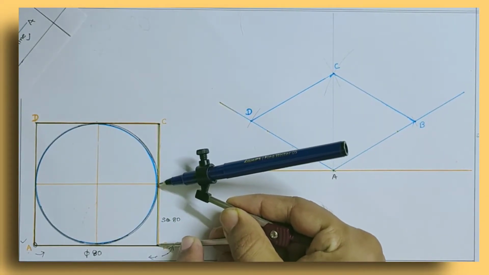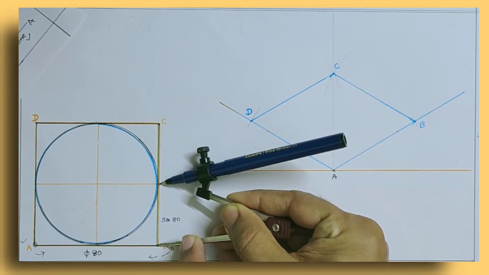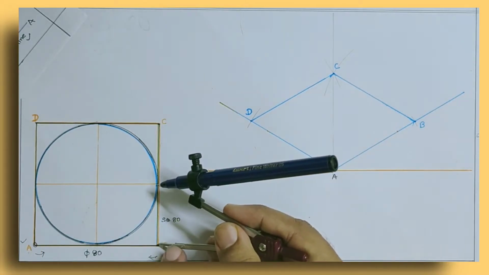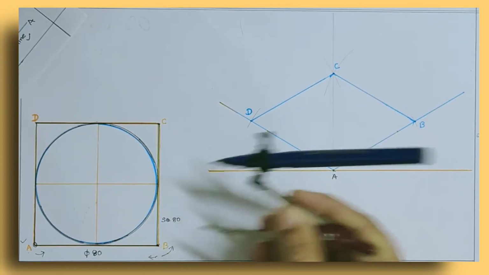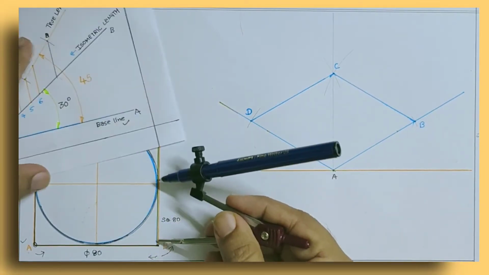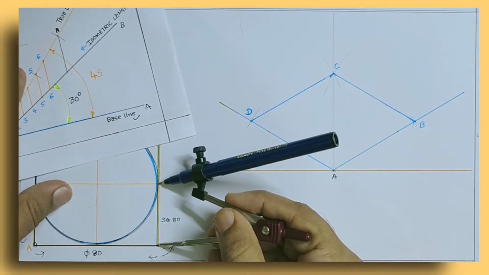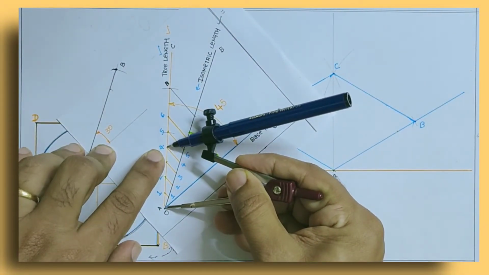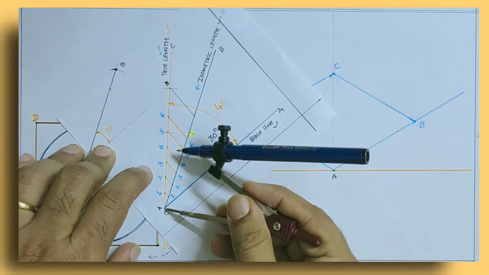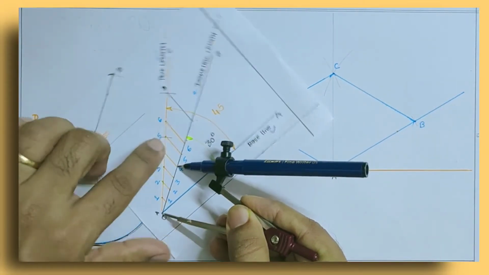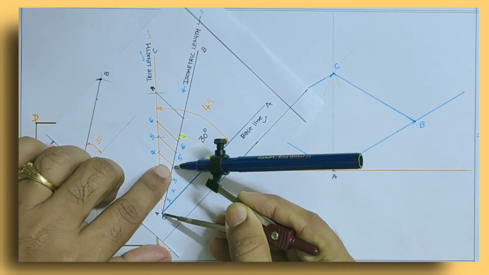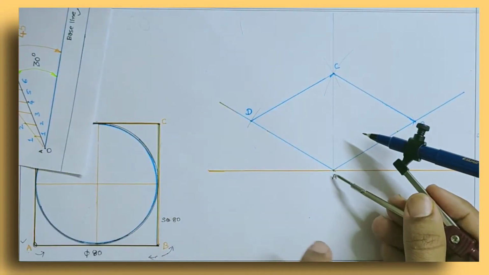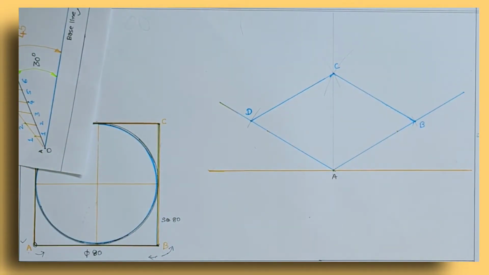We need to take the midpoint of this length, that is half of the diameter, the radius of the circle, but we can't transfer this onto this directly. This is 80, so 40, and we have already marked 40 here. Then with the appropriate ISO scale, you can take ISO 40, and with this point as a reference, draw it light.